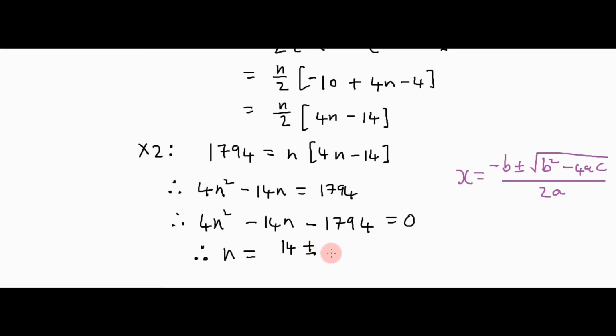Then plus or minus the square root of b squared minus 4ac. a, of course, is 4, and c is negative 1794. This, of course, is all over 2a.